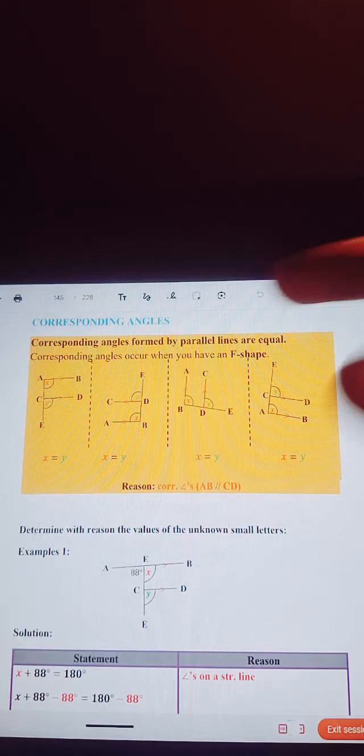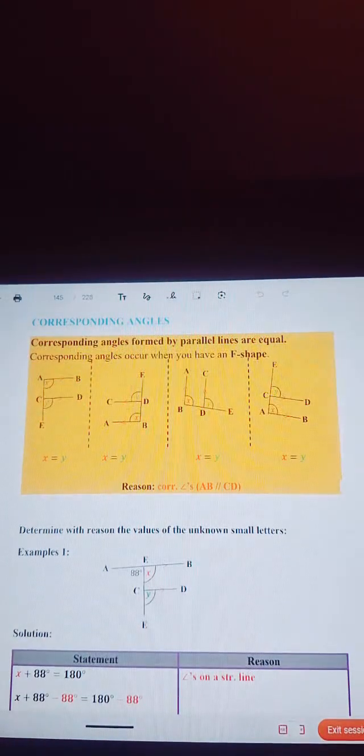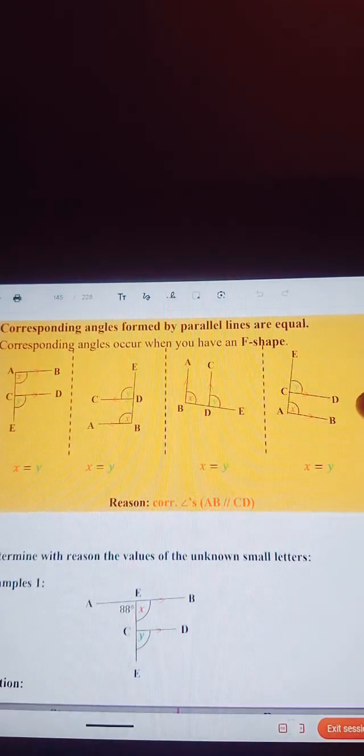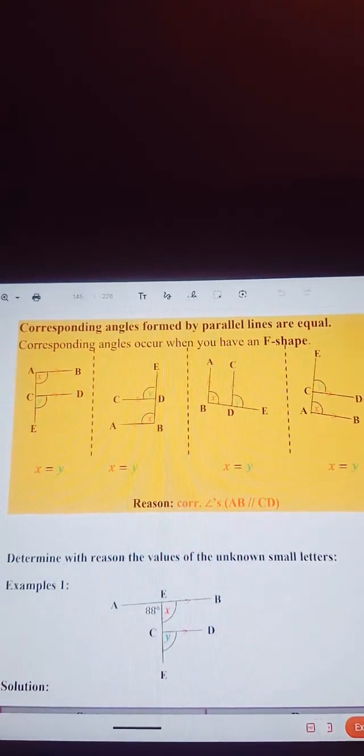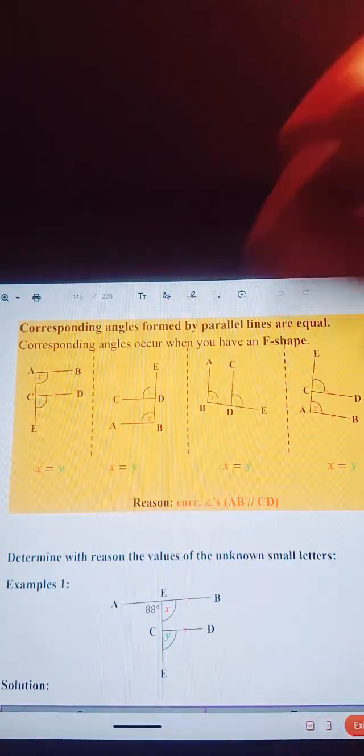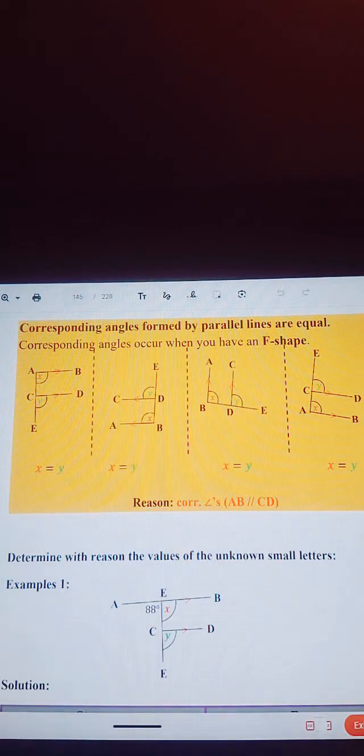Okay, so the word corresponding has everything to do with the position of the angles. What do I mean by that? Look at this. The F shape tends to help us recognize corresponding.